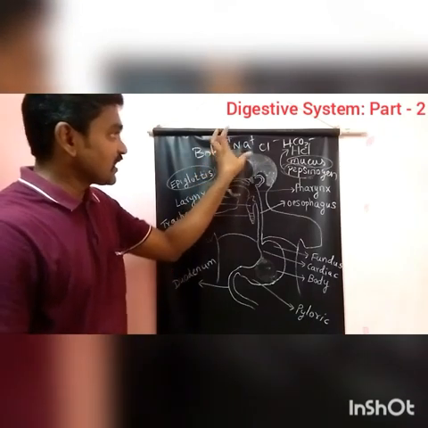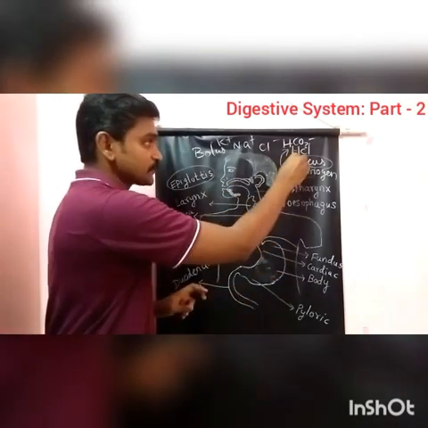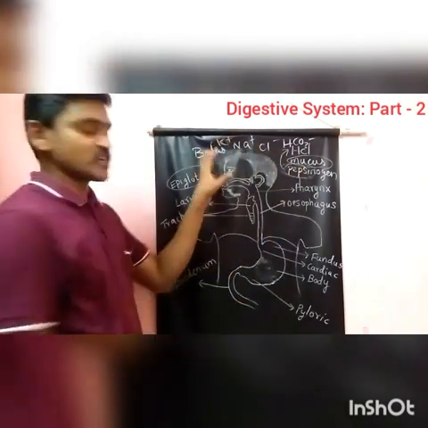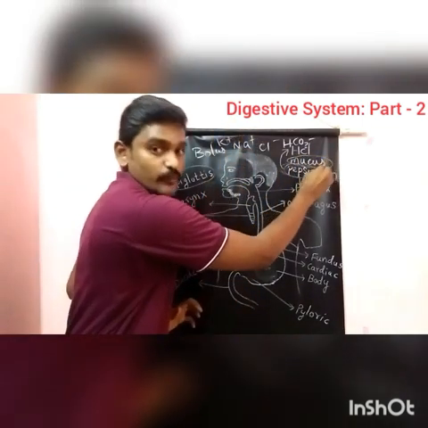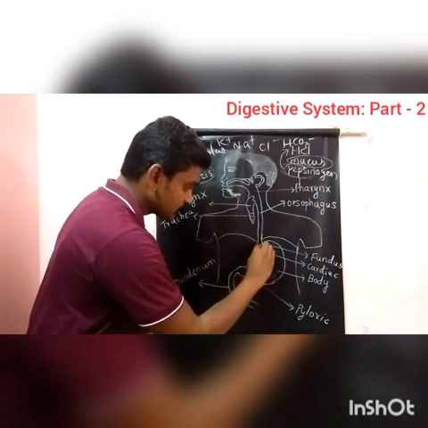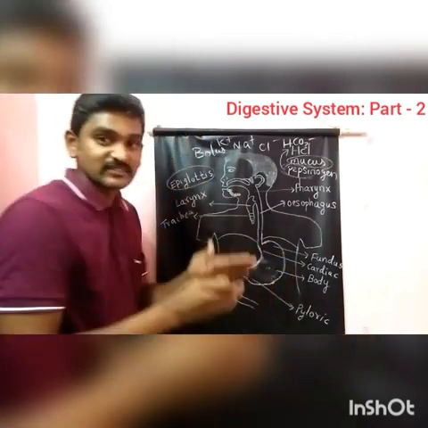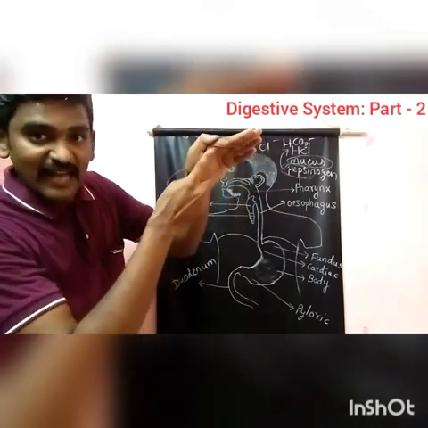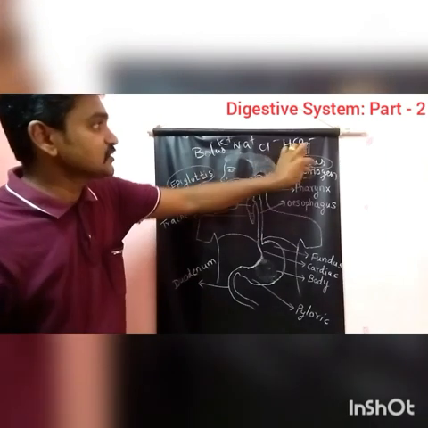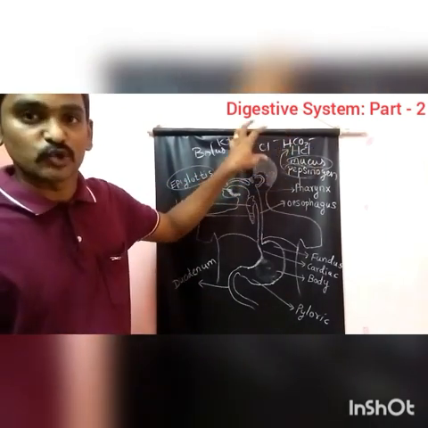So these salivary gland bicarbonates, all those things also will enter into the stomach. So these bicarbonates, sodium, potassium, chloride ions, all those things will join together with this mucus, and that will protect our stomach epithelial layer. So inside the stomach, if you imagine this is a stomach, this lining is there. So this lining will be protected by this mucus and this sodium, chloride, bicarbonate, all those things.